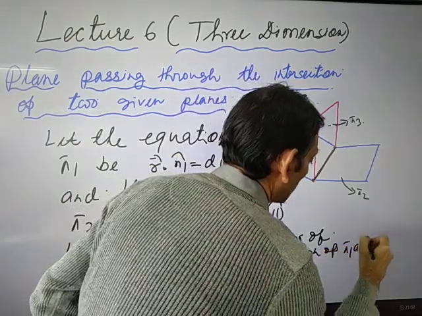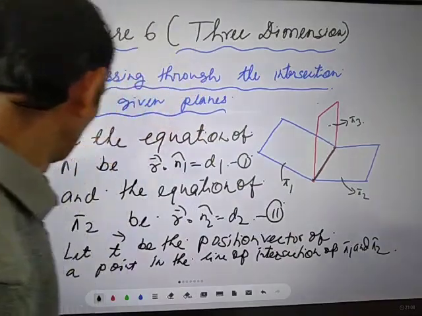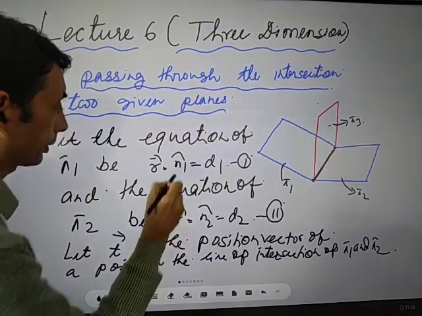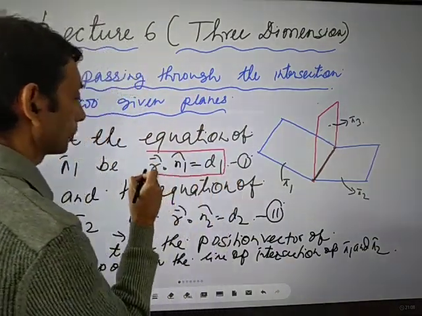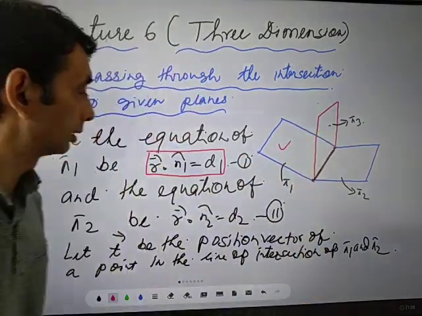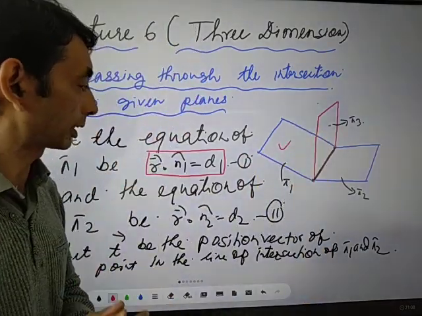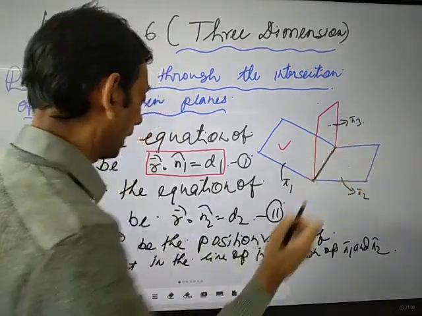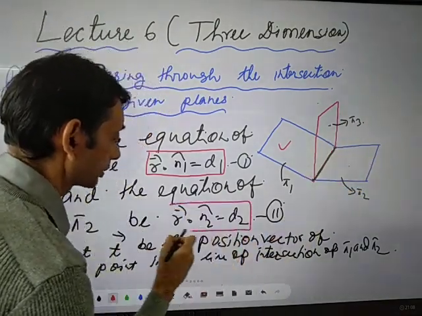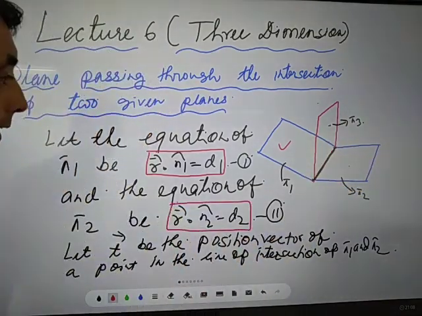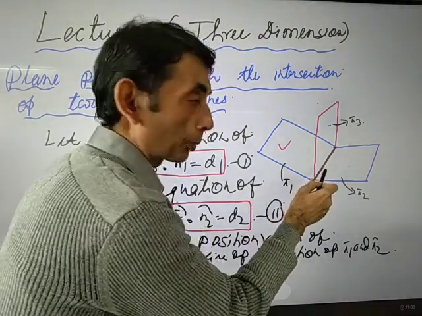We have taken the equation of plane pi1 as r dot n1 cap equal to d1, and the equation of plane pi2, both in normal form, and we have taken any point on the line of intersection.